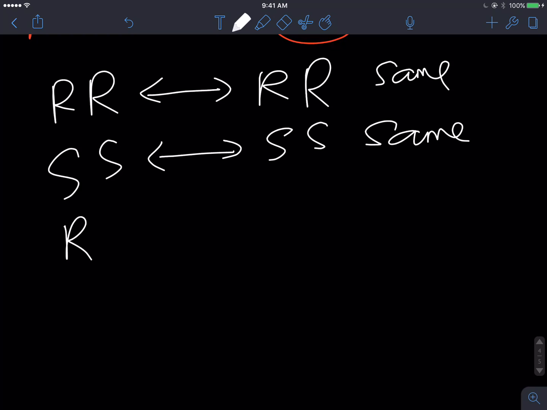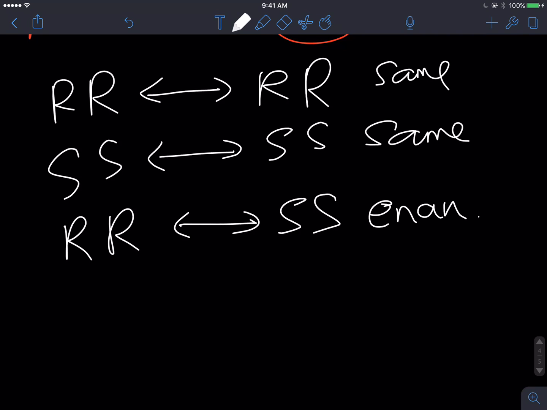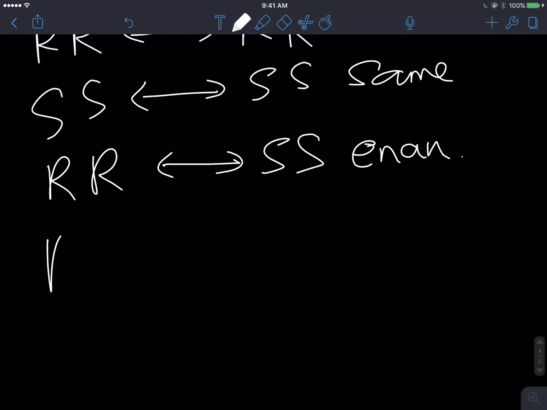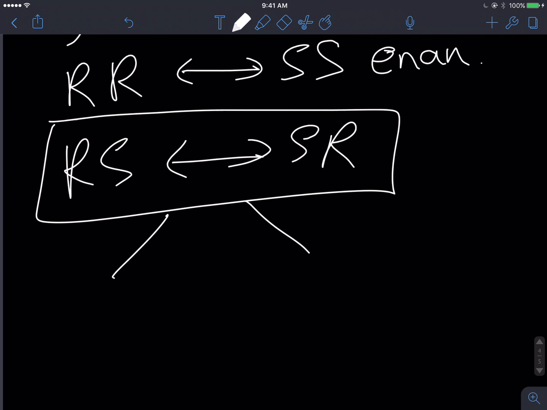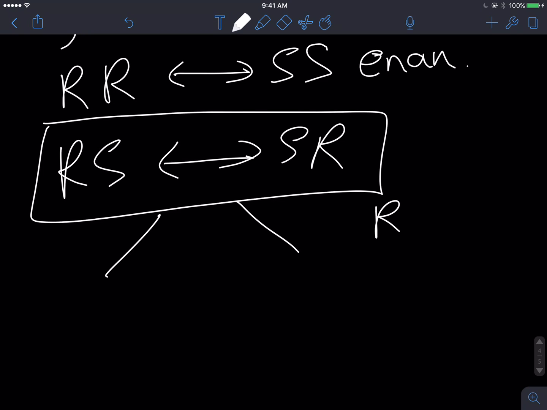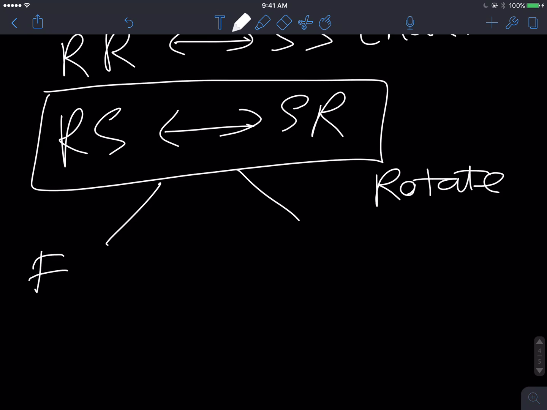When you compare RR to SS, it is an enantiomer. When you have RS to SR, this is different. In this case, you have to rotate things around to see whether they are enantiomers or the same. You have to rotate the compound.